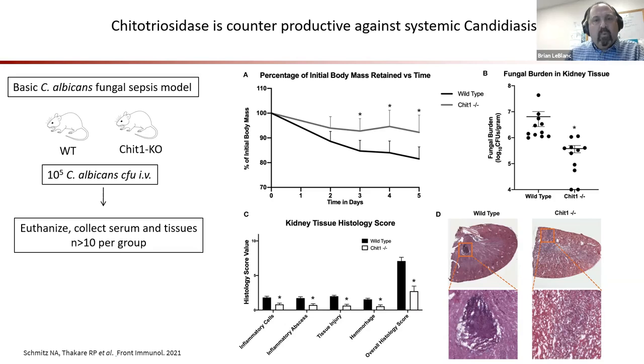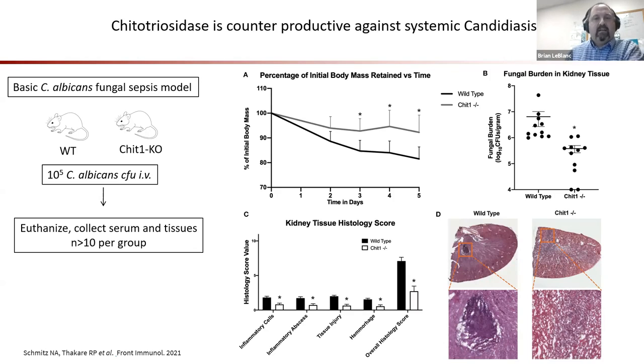And this is the weight loss of the wild type animal over the 5 days of the experiment. But our chitotriosidase knockout mice seem to retain body weight. Some actually had body weight above what they started with. So that was very concerning to me because I really thought that losing chitotriosidase would have made the infection greater since it's losing a defense mechanism.